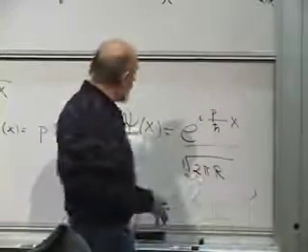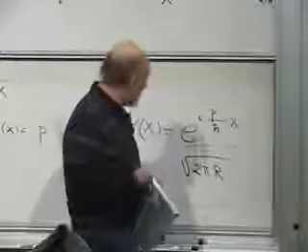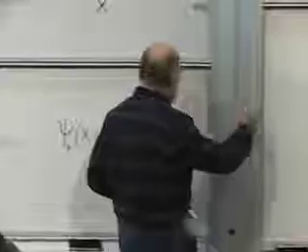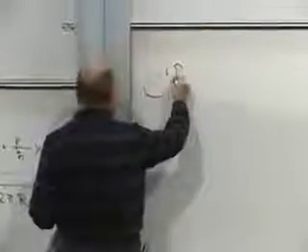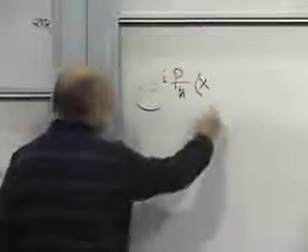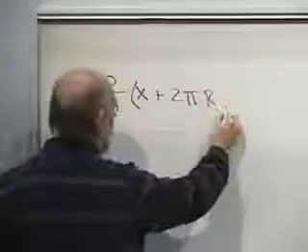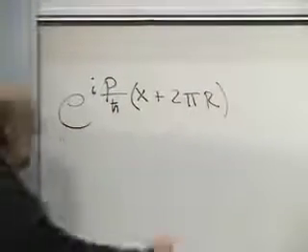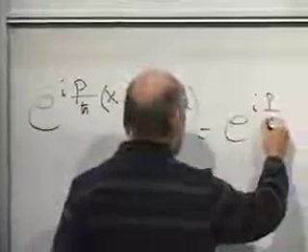What do we have to do to restrict ourselves only to those wave functions which come back to themselves? Well, the answer is that if we take e to the i p over h bar x, and we add to x 2 pi r, it had better just be e to the i p over h bar x.